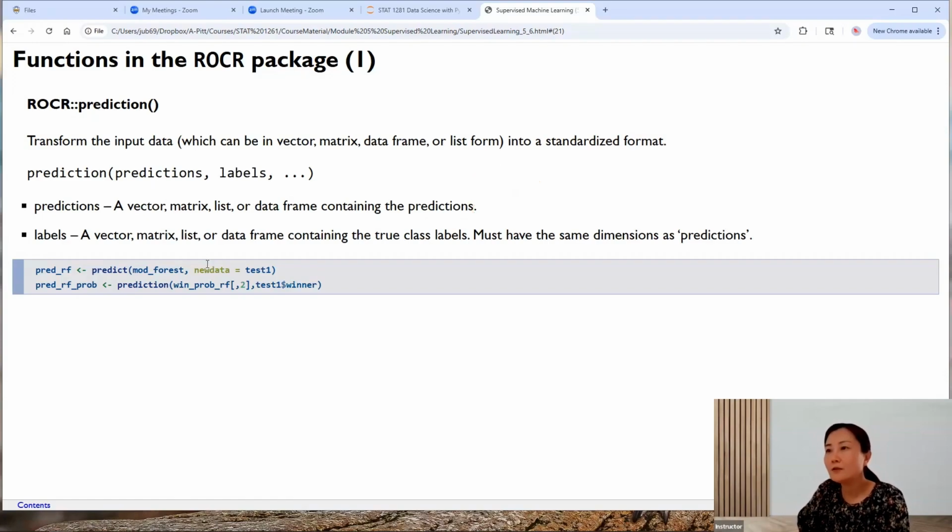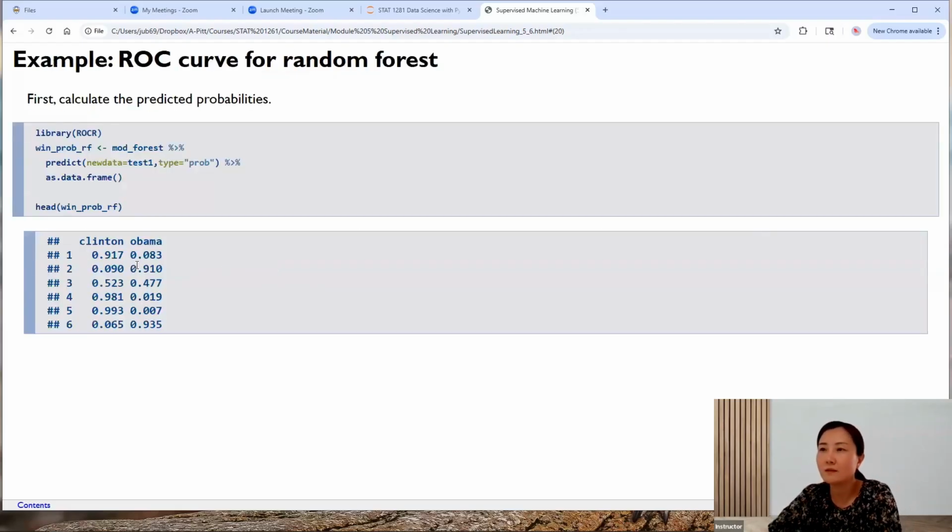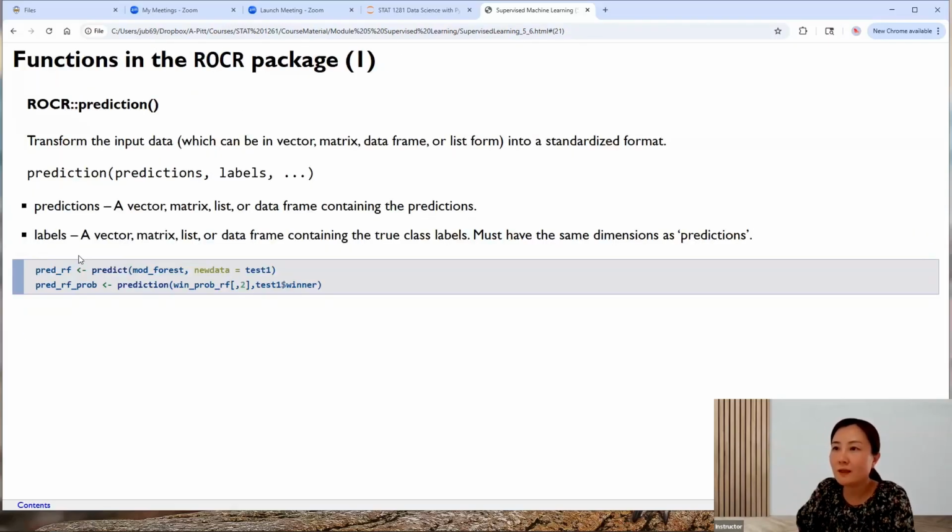So let's first predict labels. We still need the labels. So we use the predict function to predict the labels for the test set, call it predict RF. Notice that is different from this one. This one is a data matrix of two columns. This one is just a vector of predicted labels.